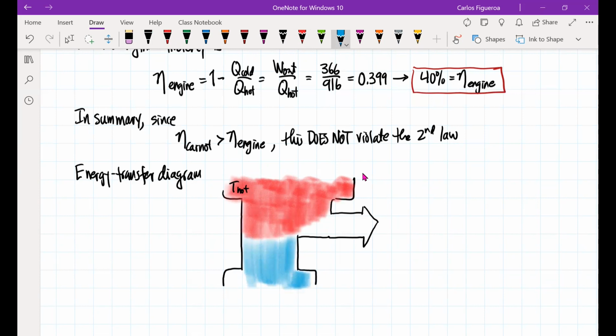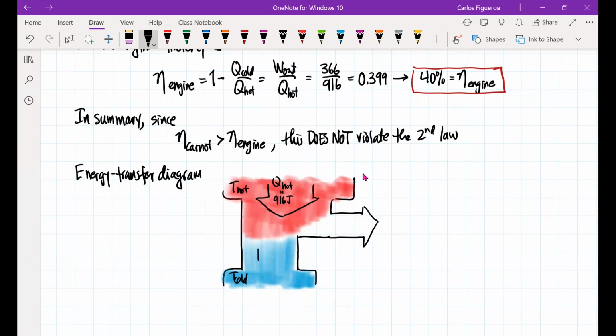This is the heat ejected, and this is Q cold. What I'm seeing here is that I have this very thick heat that is flowing in, which we call Q hot, and this is equal to 916 joules.